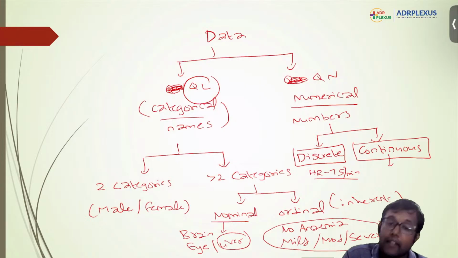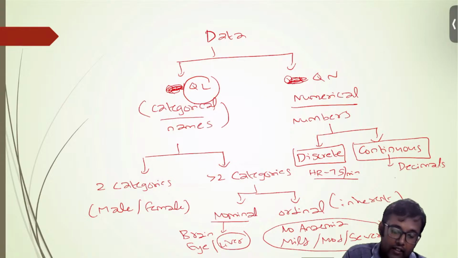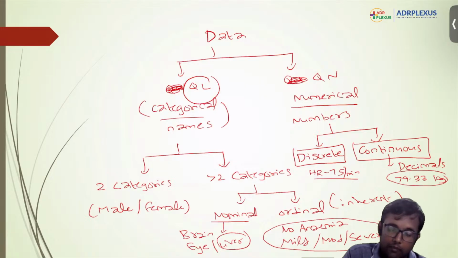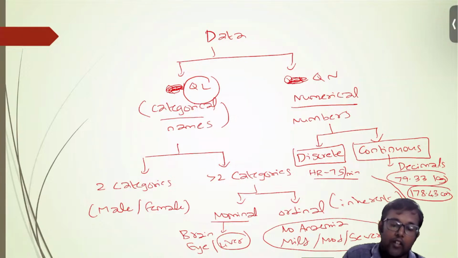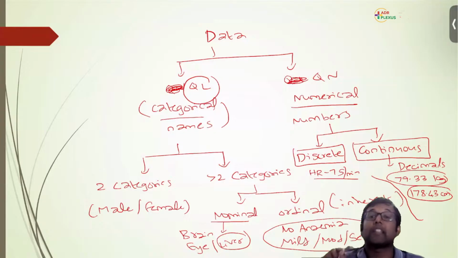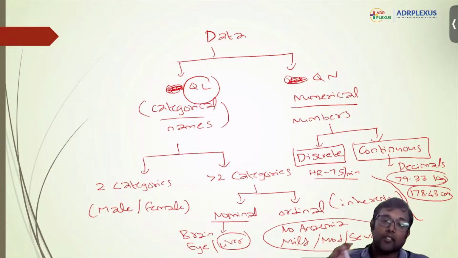Continuous means decimals are possible. Like my weight is 79.33 kg. My height is 178.43 centimeters. Although we do not say the decimals, it actually comes in decimal points. That is called continuous data.